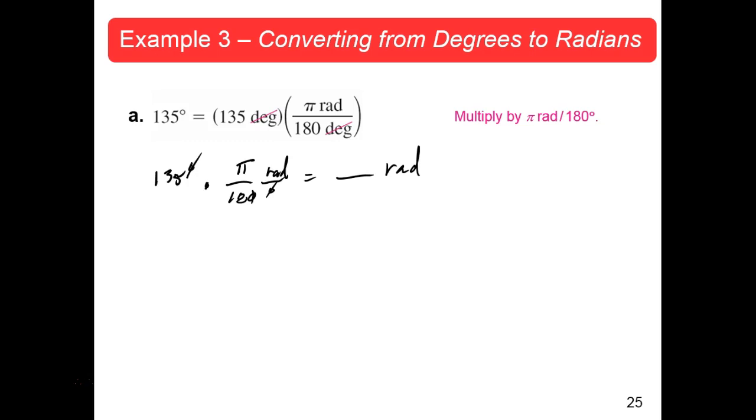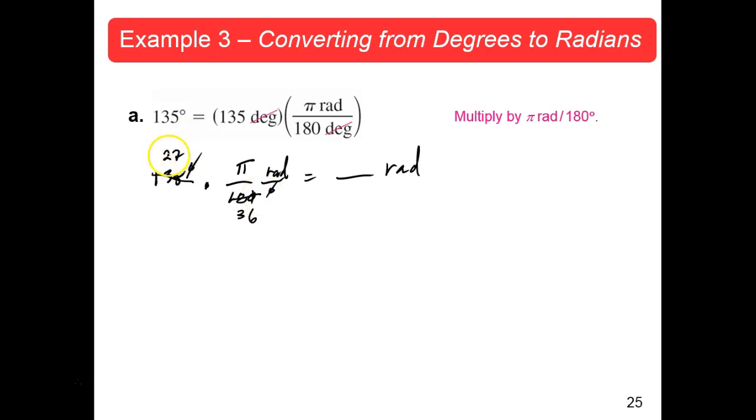let's do whatever we can to simplify. Well, I look at these 2 numbers here, and I say, well, I know that 5 will go into each of those. So 5 will go into 135, 27 times, right? And 5 will go into 180, 36.